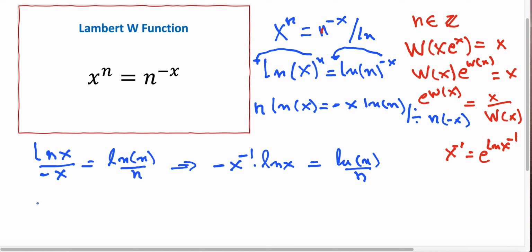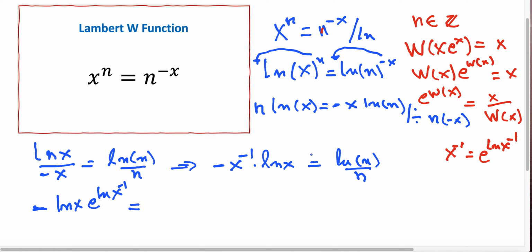So now this equation is going to get the following form: minus ln x times e to the power ln x times minus 1. But this minus 1 I want to make the same quantity as this one, so I want to make ln x minus 1 and this one the same.